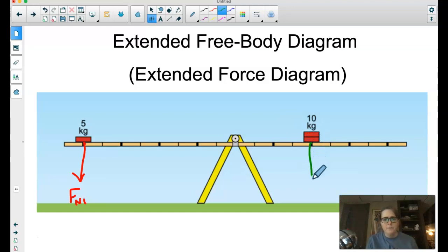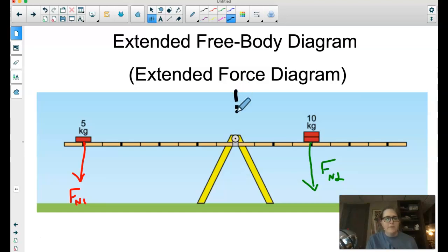There's also a normal force from this 10 kilogram block, and that's acting at the point where that block makes contact with the board. Now you'll notice I labeled these normal force 1 and normal force 2. That's just a way for me to keep track of these different forces when they're both normal forces.